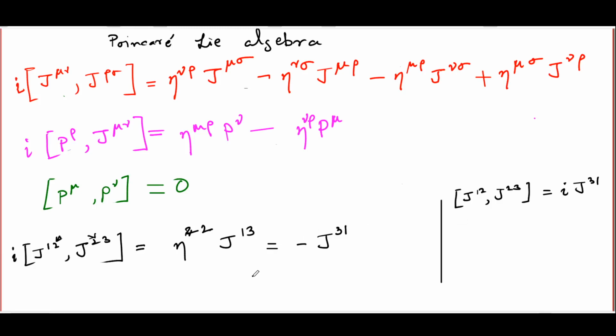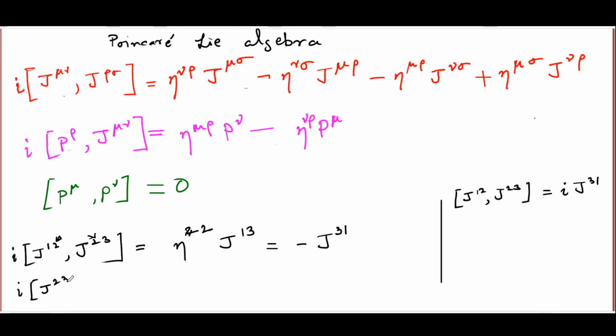And 1 by I is minus I. We have just used that. Now, this one commutator may be enough of a hint for you to realize which particular familiar Lie algebra, or familiar set of commutators, we are talking about here. But if that doesn't ring a bell, let's look at the next one.